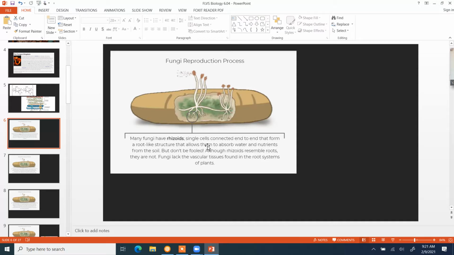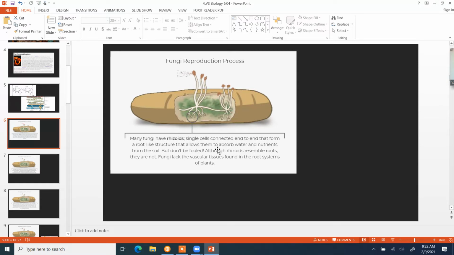So first of all, over here in this picture, what are they circling? It says here, many fungi have rhizoids. Rhizoids are root-like things. They're not considered to be true roots like plants. They basically absorb water and nutrients. However, they're different from plant roots because plant roots have vascular structures.